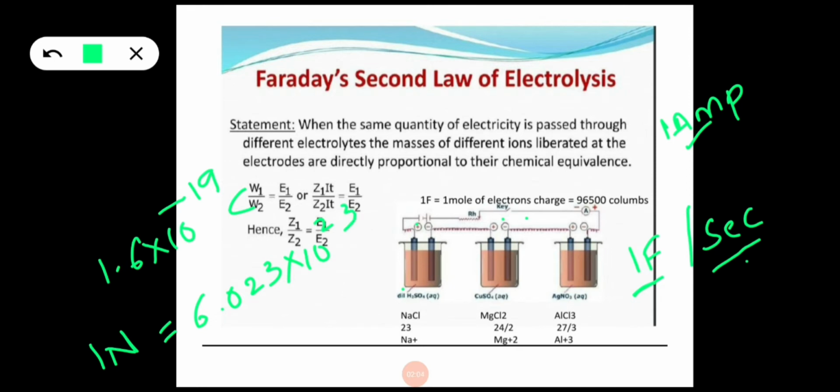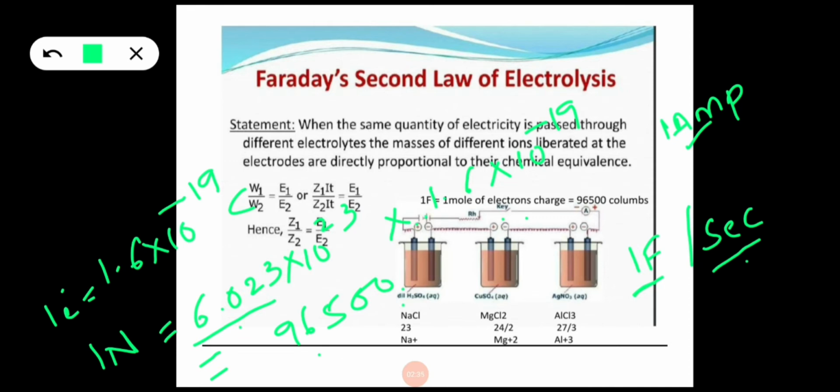These many electrons, each carrying 1.6 into 10 to the power of minus 19 coulombs of charge, carry 96,500 coulombs. So when 1 mole of electrons, that is 6.023 into 10 to the power of 23 electrons, is made to pass through a solution, they carry 96,500 coulombs of charge.